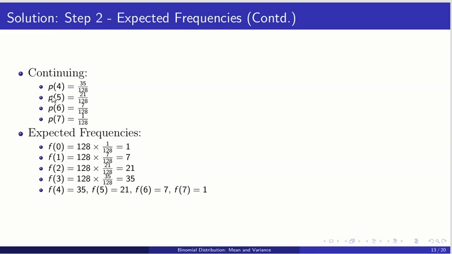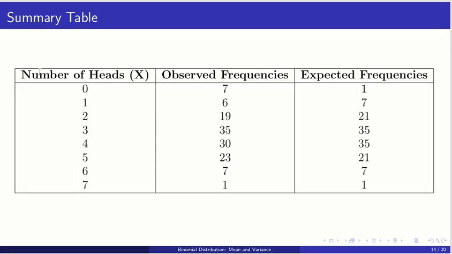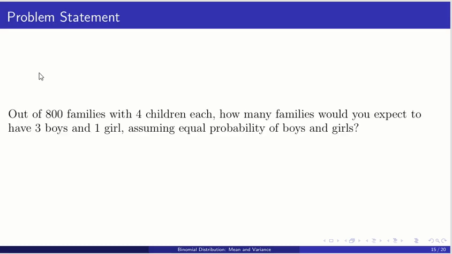So the expected frequencies are 1, 7, 21, 35, 35, 21, 7 and 1. Now if you see the table, the same thing I have written here. Let us see another problem.